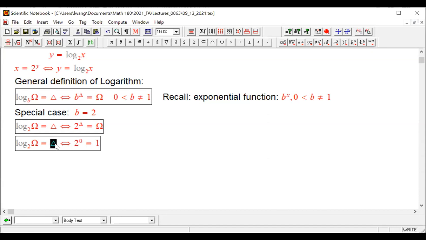In the place of triangle, it's 0, and this is 1. So logarithm is just saying that this triangle, powered on the base, equals this number. You just write the number in different ways: this way you emphasize the exponent, and this way you emphasize the power. Do you guys follow me?